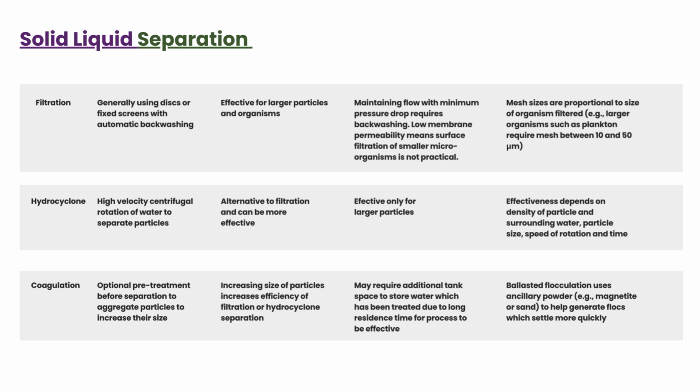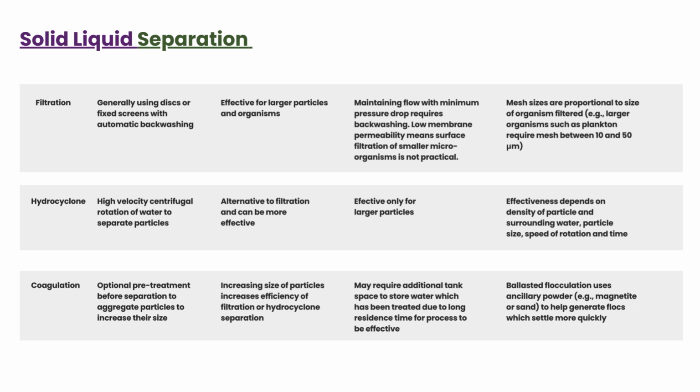It is an alternative to filtration and can be more effective. Hydrocyclone is more effective, and a lot of ships are using hydrocyclone. It is easy to clean, and large particles are going out, they are going back to the sea. Effective for large particles. Effectiveness depends on density of the particle and surrounding water, particle size, speed of rotation and time.